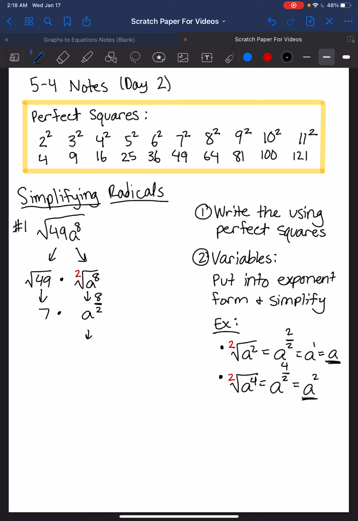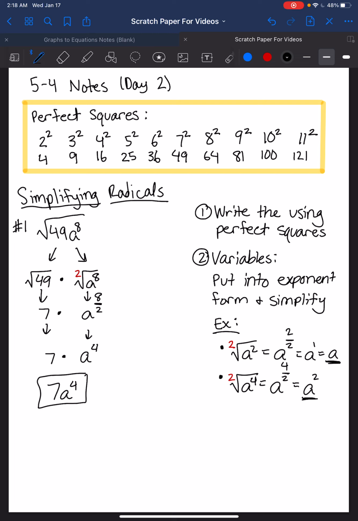So then that's going to give us a to the 4th. And I'll just bring that 7 down. So putting this all together, my final answer is 7a to the 4th. When you multiply, you just smush them back together.